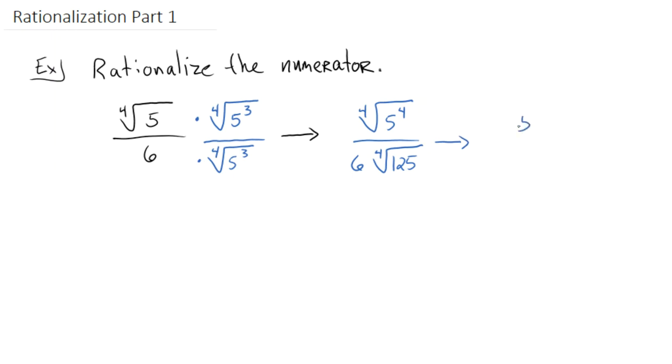So in the top, that simplifies to a 5, and I'm left with 6 times the fourth root of 125 in the denominator. So again, it's not necessarily prettier than what I started with, but my goal was to rationalize the numerator. Now I have a 5 in the numerator, which is a rational number, so I've accomplished my objective. Go ahead and give some of these a try and see how you fare.